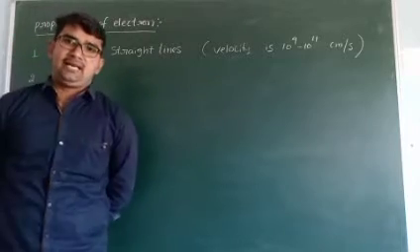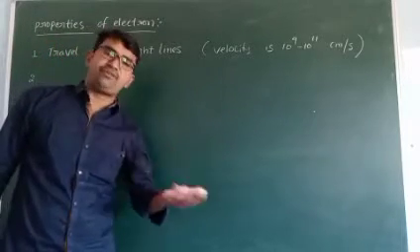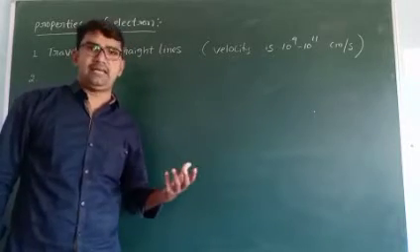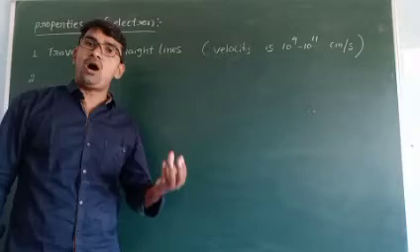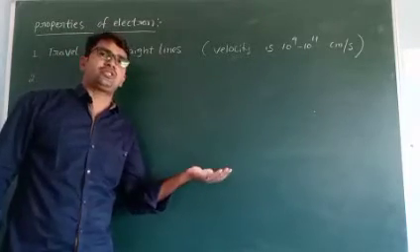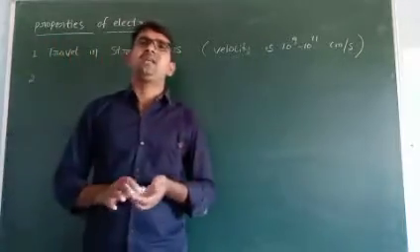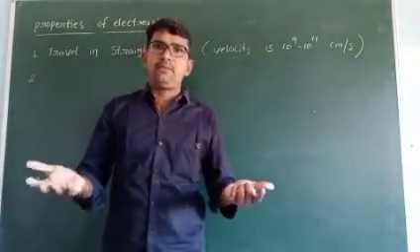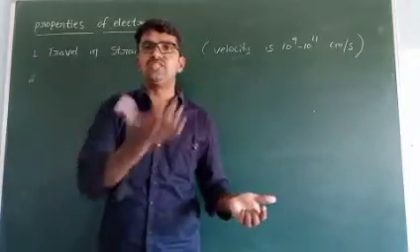Second one. They have particle nature. Particle nature means they are obtained from a particle, so they have some mass and velocity. In the total universe, everything is composed of matter. Generally matter is classified into solids, liquids, and gases.